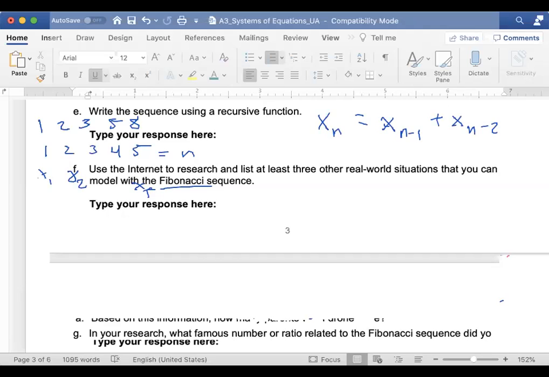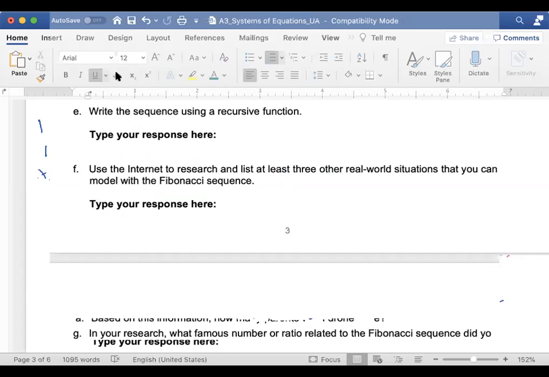Okay, so use the internet to research and list at least 3 other real world situations you can model with the Fibonacci sequence. You can do this on your own. But if you Google Fibonacci sequence, you're going to see all sorts of different patterns in nature. So find 3 real world situations where Fibonacci works, and answer that.